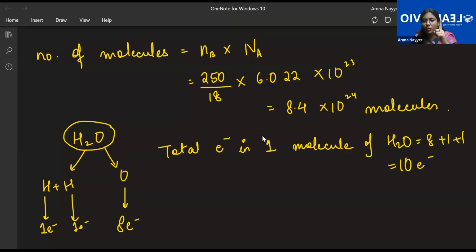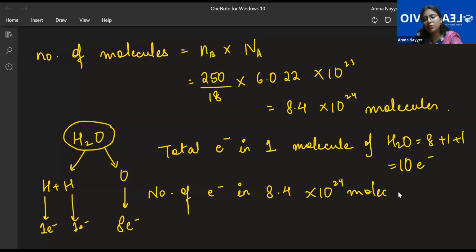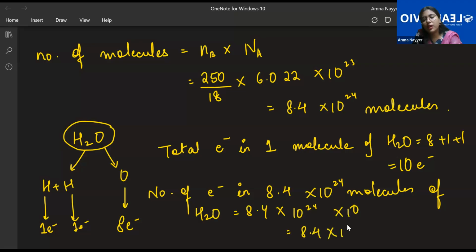So in this many molecules, you will have this much into 10. So the number of electrons in 8.4 into 10 to the power 24 molecules of water will be 8.4 into 10 to the power 24 into 10. That is 8.4 into 10 to the power 25 electrons.